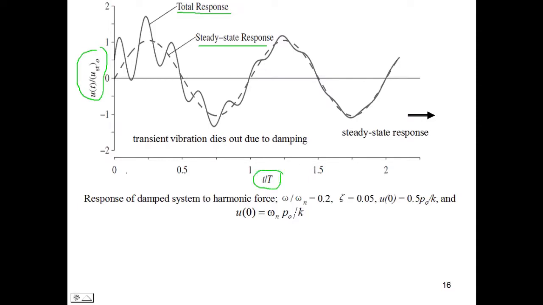The difference between the two is the free response, which decays exponentially with time at a rate depending on omega over omega n and zeta. Eventually, the free response becomes negligible, hence we call it transient response, while the forced response remains, and therefore we call it steady state response.